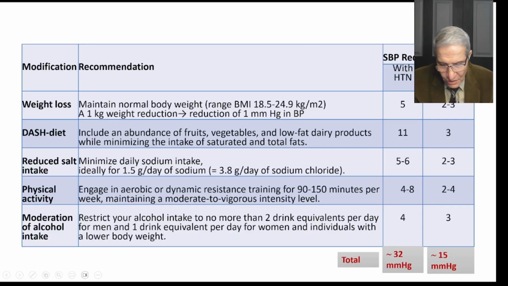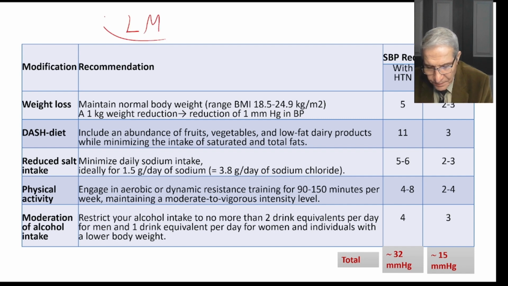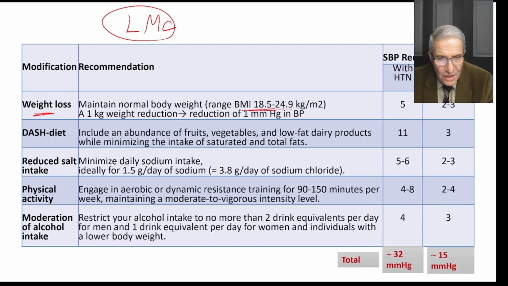This is the DASH diet, or lifestyle modification. If the patient loses weight and maintains normal body weight, we recommend a body mass index between 18.5 and 24.9 kilogram per square meter. This will decrease blood pressure by 5 points.